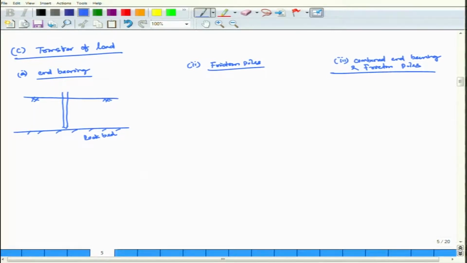Generally, the pile at the end has been inserted so that it rests on the rock bed. So, the entire capacity, whatever the load coming onto the pile, will be taken by your end point or end bearing.